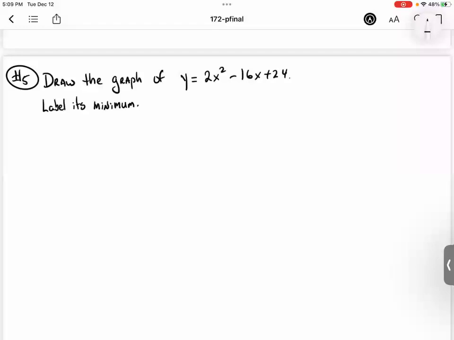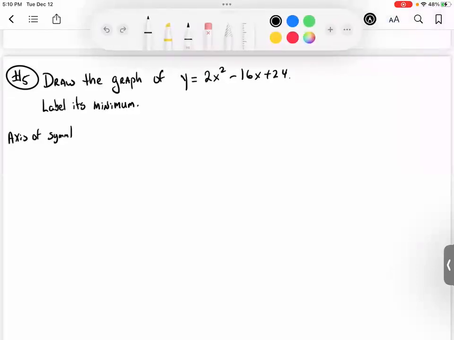The first thing you like to do is find what we call the axis of symmetry. The axis of symmetry is found by taking x equals negative b over 2a.